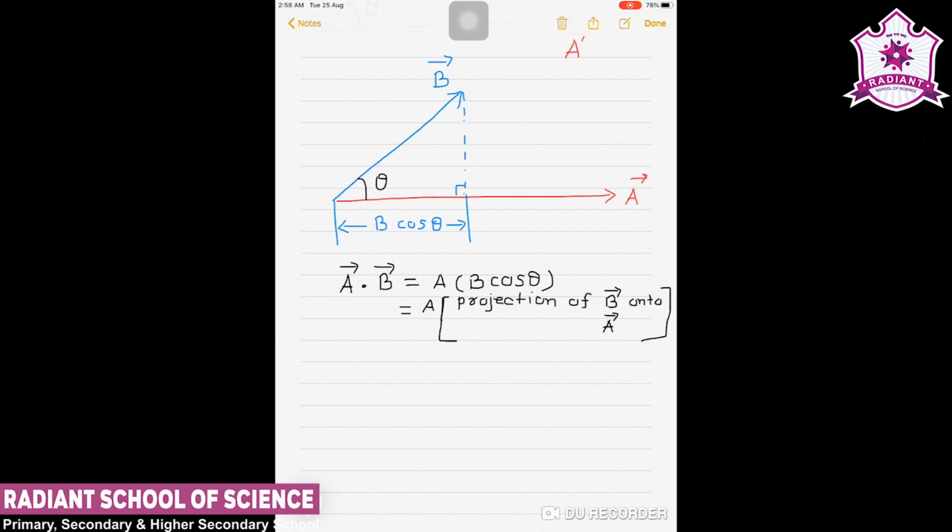So the mod of a and the projection of vector b onto vector a, that is called a dot b, that is a into bracket b cos theta.